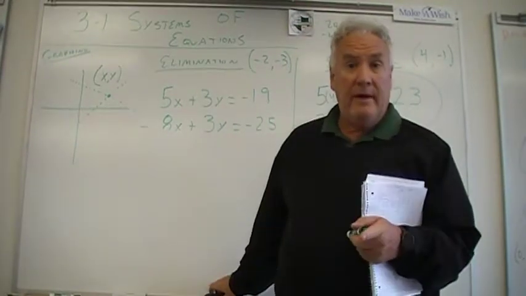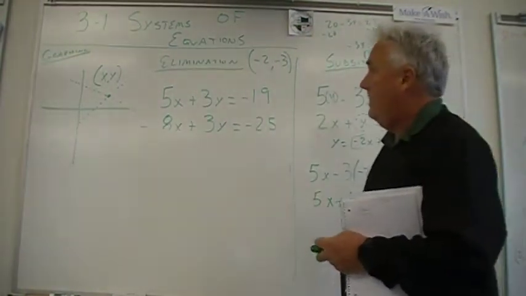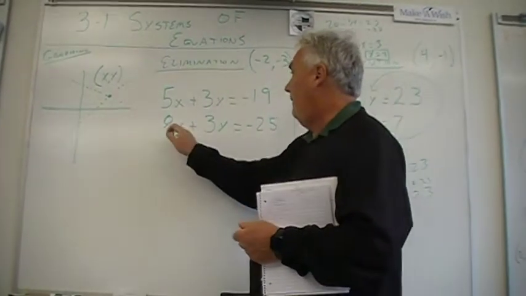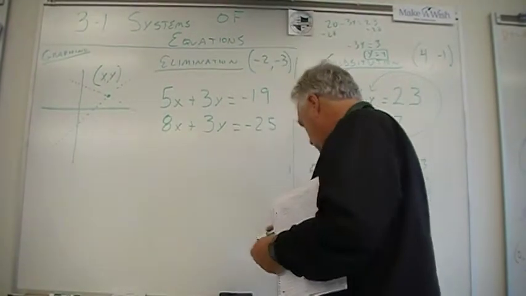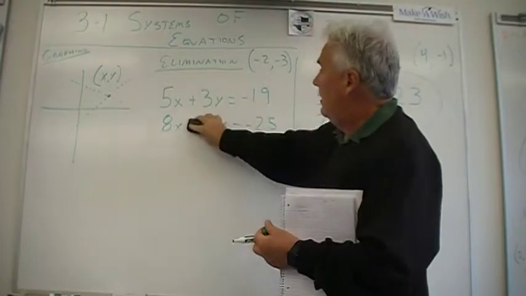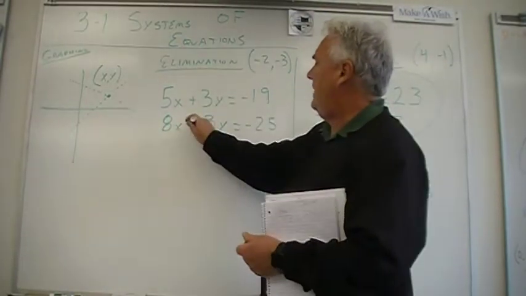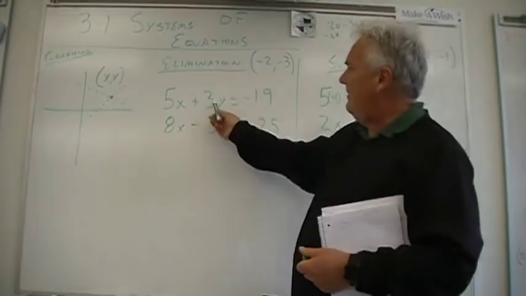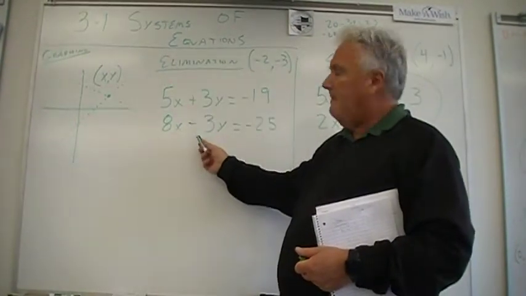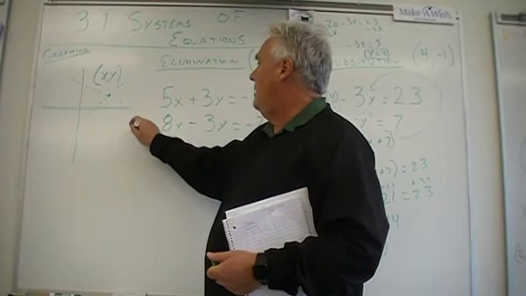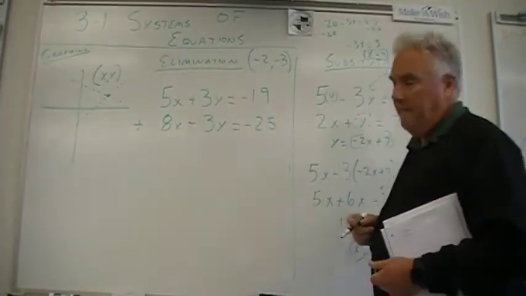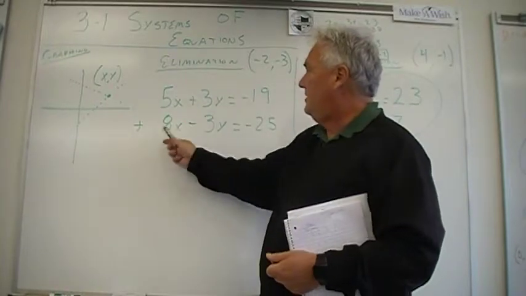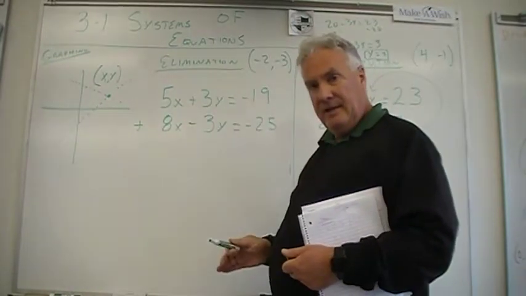I'm going to do a what-if situation with you and change the problem around a little bit. What if this was a minus 3y? So I have positive 3y, I have negative 3y. What I can then do is add, because positive 3 plus negative 3 eliminates them.